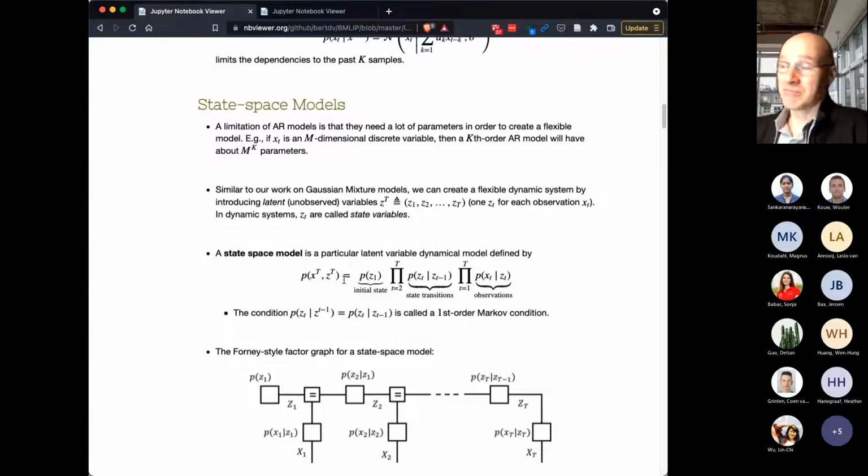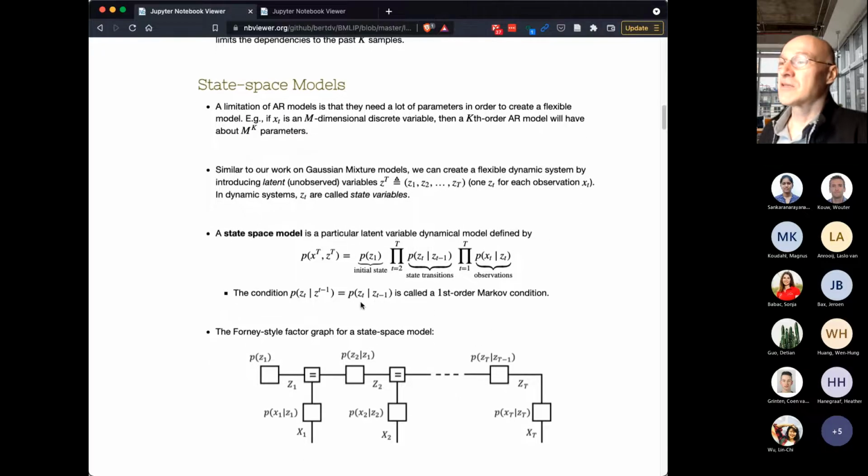So what we do here is just build a generative model for a time series, and we allow for latent states. Latent states are latent variables that change over time, and latent parameters are latent variables that do not change over time, and we call them parameters. This is the most common model, and then you need to make choices.